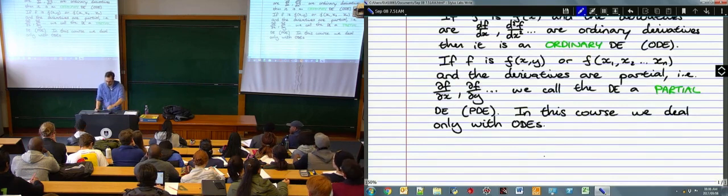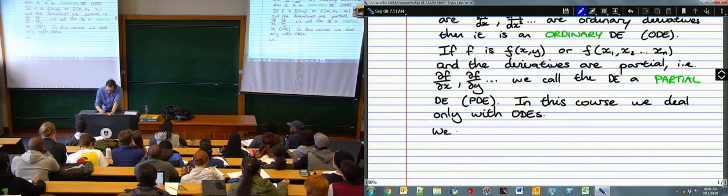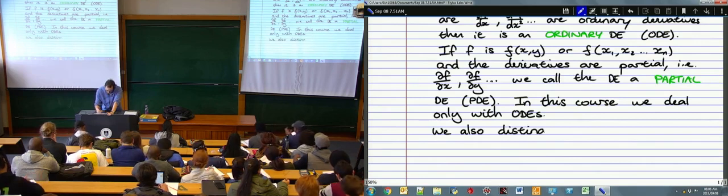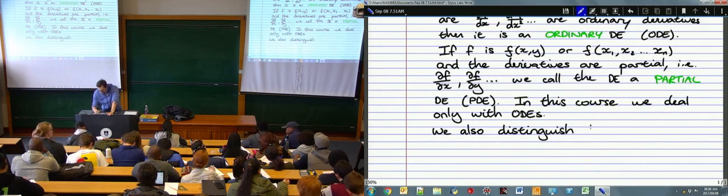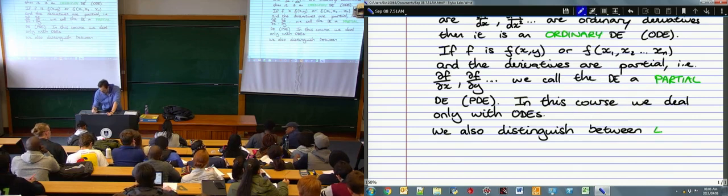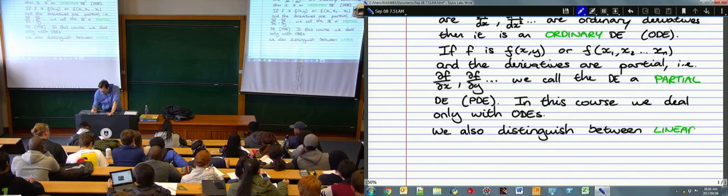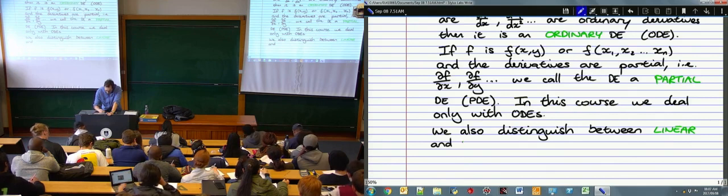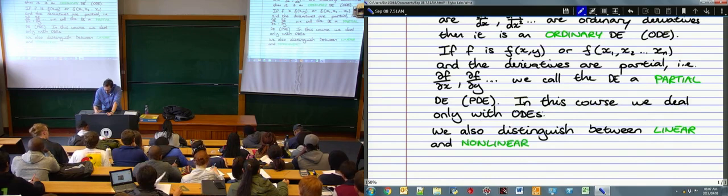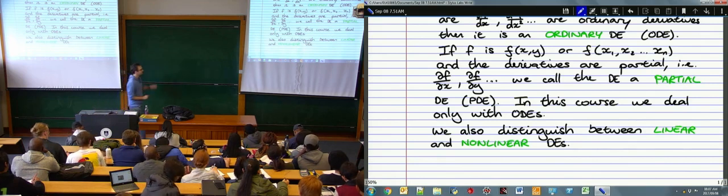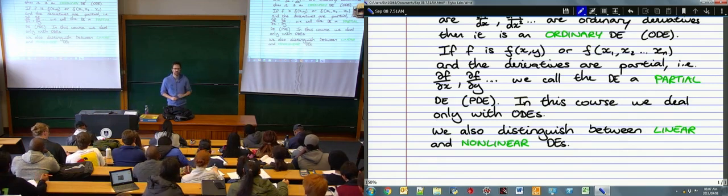Okay, so the other distinction, we also distinguish between linear and nonlinear differential equations.